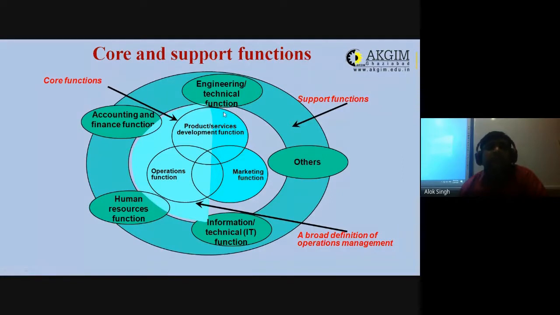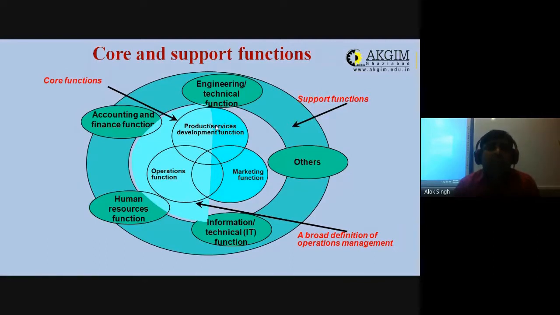It covers the designing part also, means product design or service design part also. As I have told earlier, in some organizations you may find the design department under the umbrella of the operations function, and in some organizations the design department is separate. Like I have given you the example of Amul and Mother Dairy. These companies have a separate R&D wing.